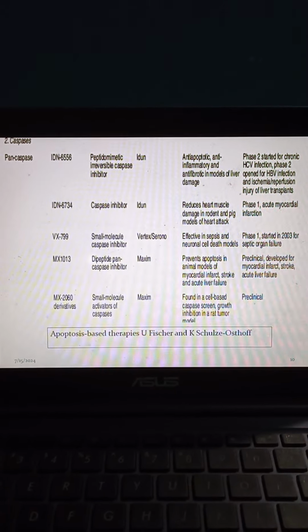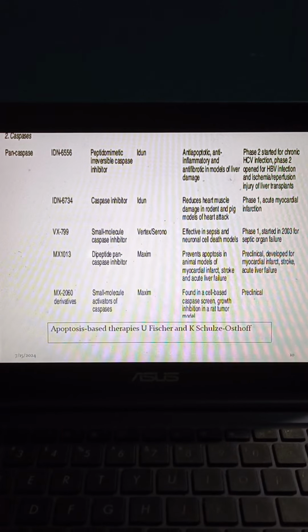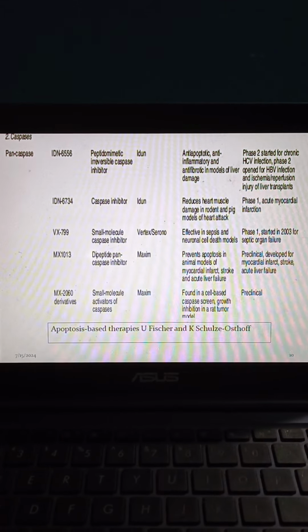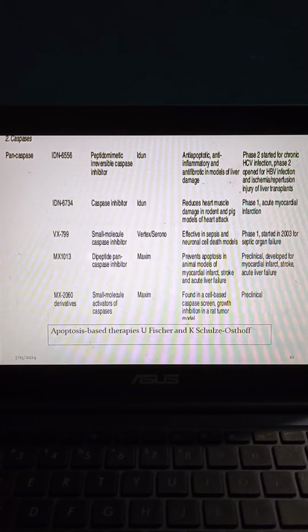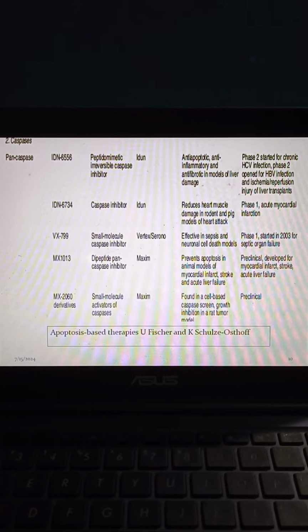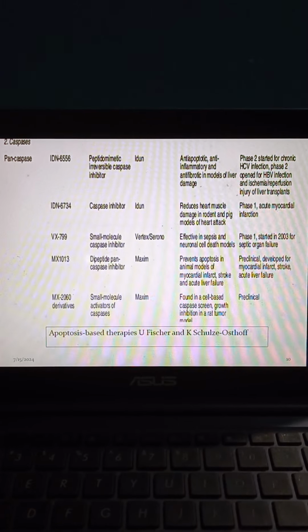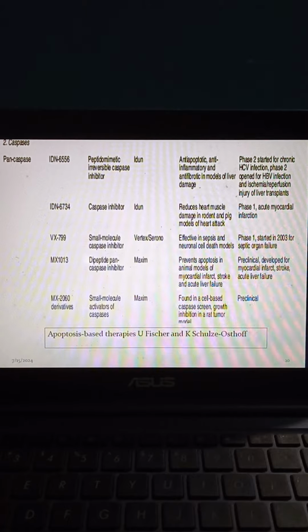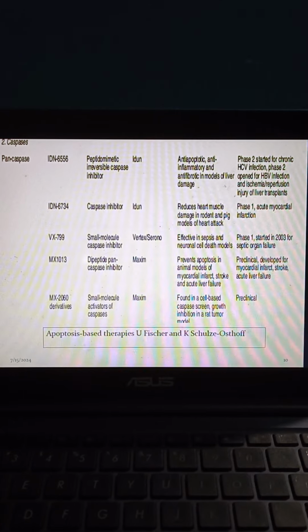Then the caspases, pan-caspase IDN 6556. This is in phase 2, started for chronic HCV infection, phase 2 open for HBV infection and ischemia reperfusion injury of liver transplants. Then IDN 6734, phase 1 for acute myocardial infarction.